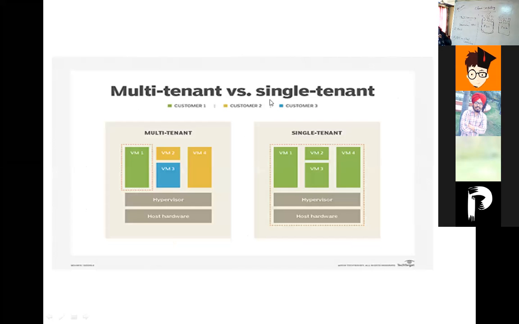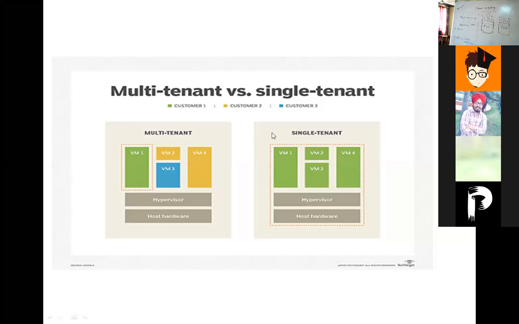So this is a diagram that I was showing to you that you were not able to see, and nobody messaged me regarding that they were not able to see. This is the screen. You can see here, this is multi-tenant versus single tenant, and you can see on the screen virtual machine 1, virtual machine 2, virtual machine 3, and virtual machine 4. Virtual machine 1 is shared by customer 1, and virtual machines 2, 3 and 4 are shared by the other customers.